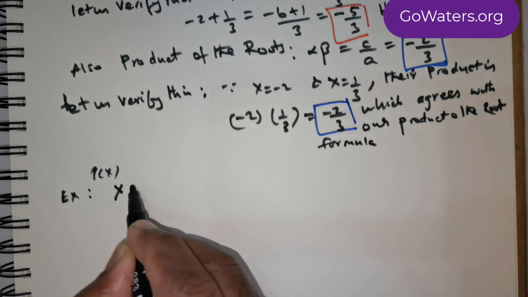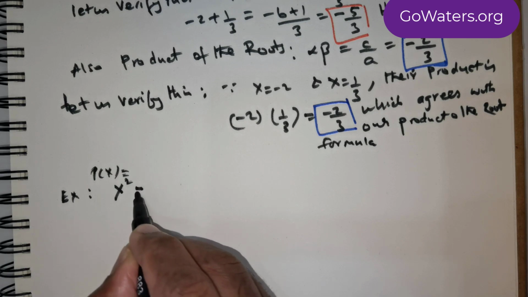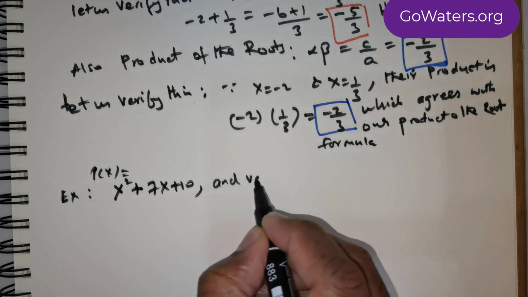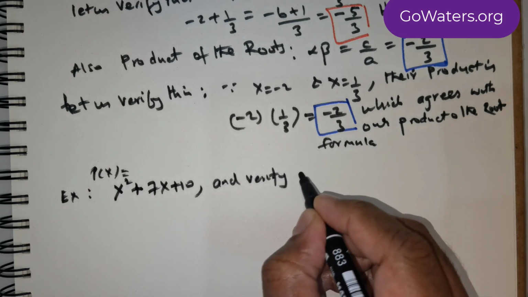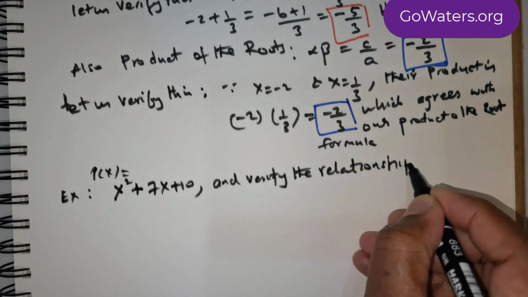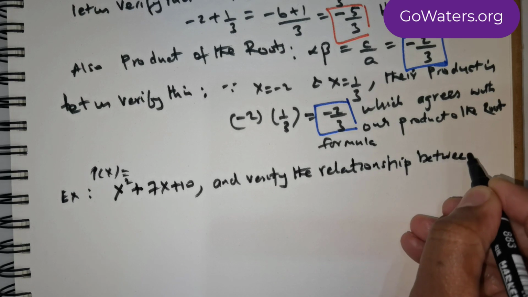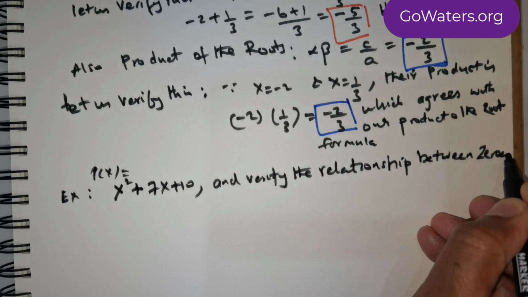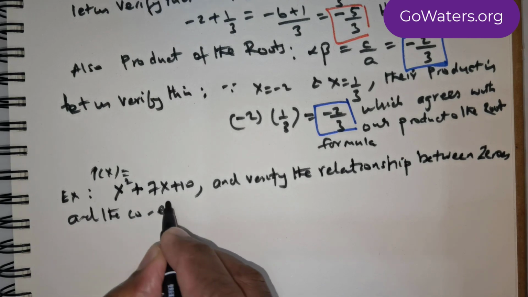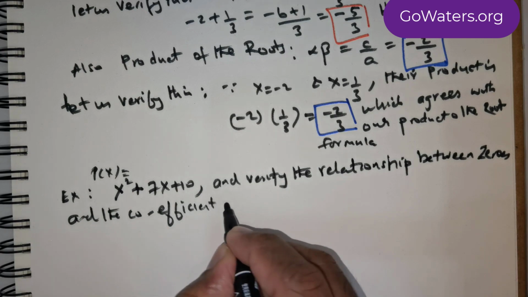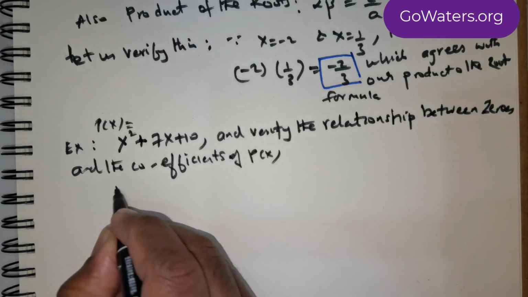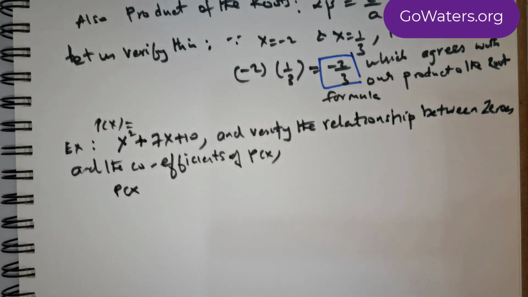I'm writing it as p of x is equal to x squared plus 7x plus 10, and we are asked to verify the relationship between zeros and the coefficient of p of x, right? So this is what is given.